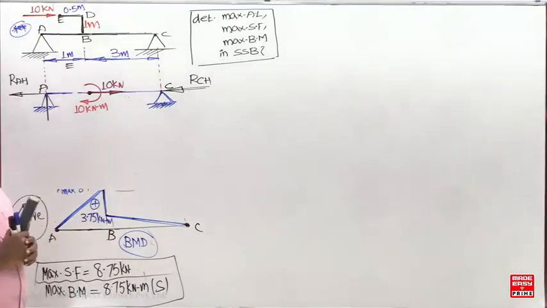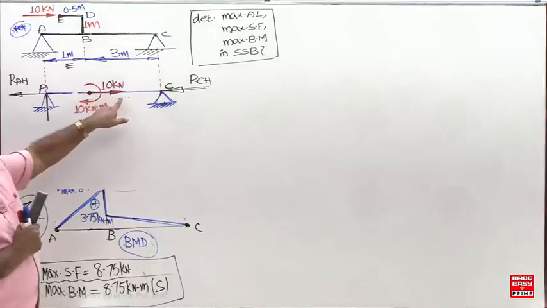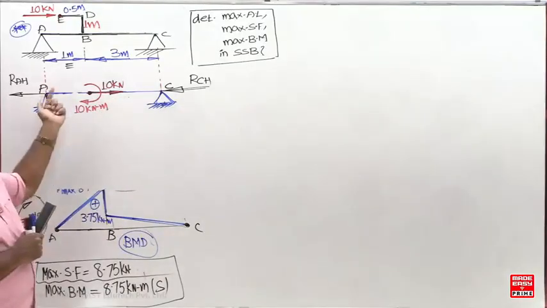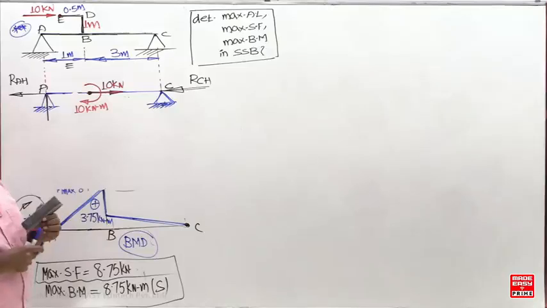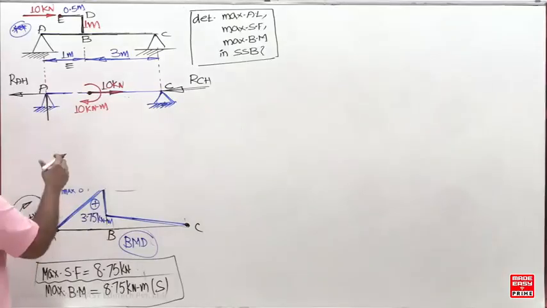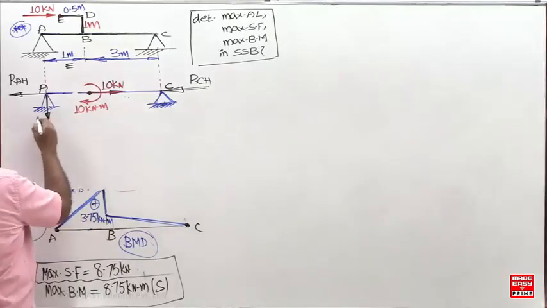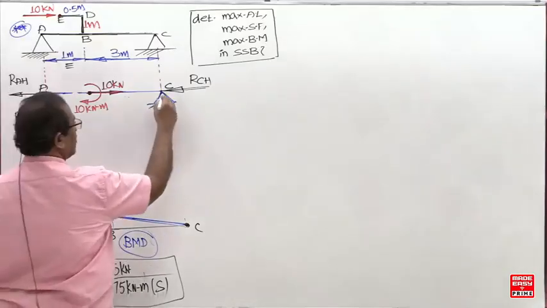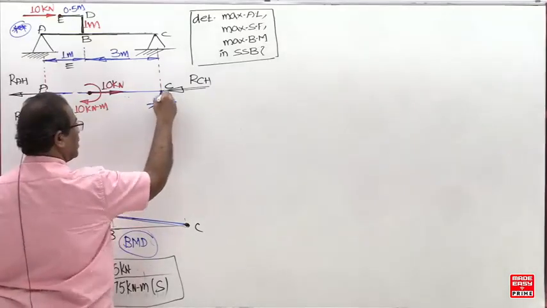By the superposition principle, first assume only the axial load alone. Next the couple alone. When this couple is clockwise, the reactions are equal and opposite. It should be downward, and here it should be upward.